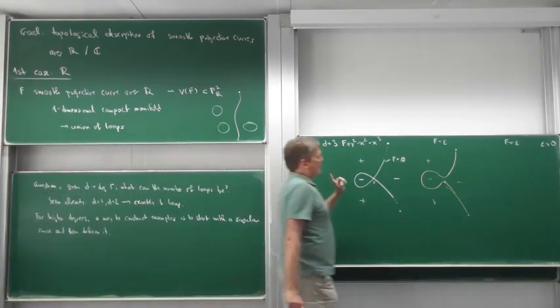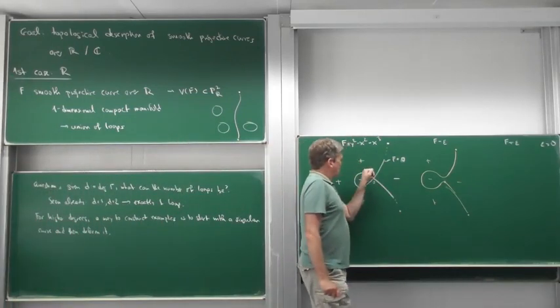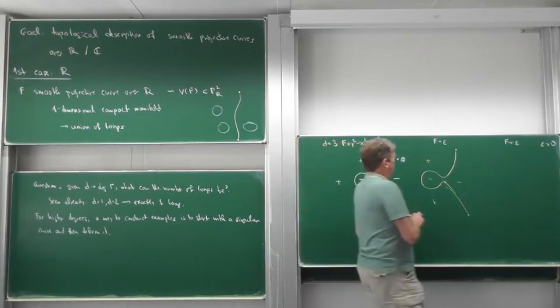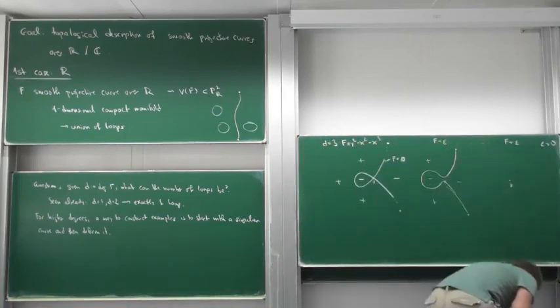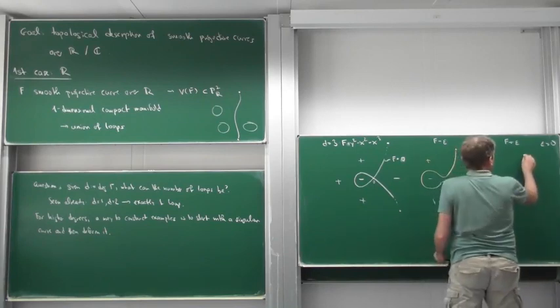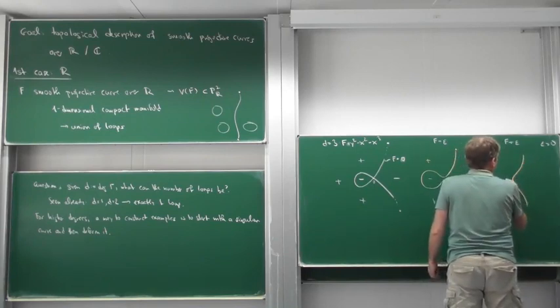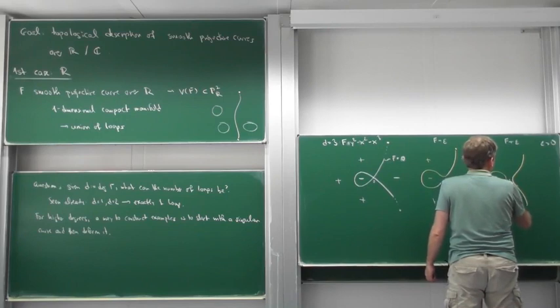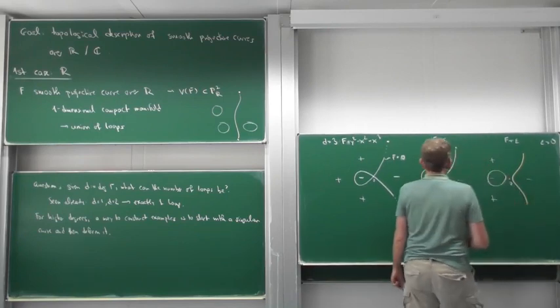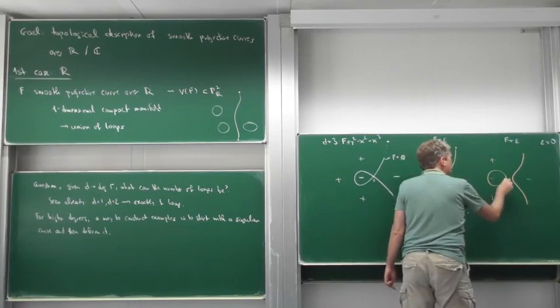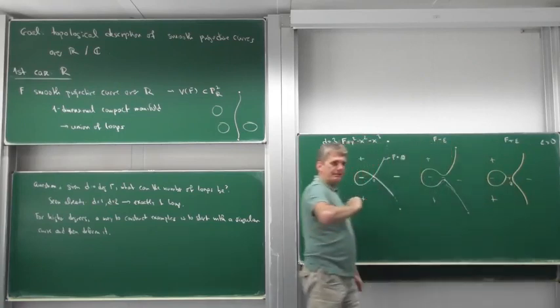Whereas if we do f plus epsilon, then the origin will be in the positive region, which means that if the origin is now here, the curve will look like this. And so again, with a minus here and a minus here, and here's the plus. So at the origin now we have a plus.